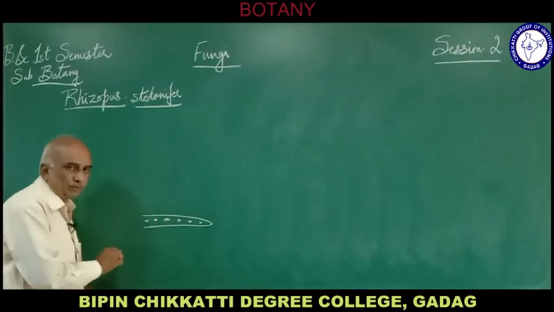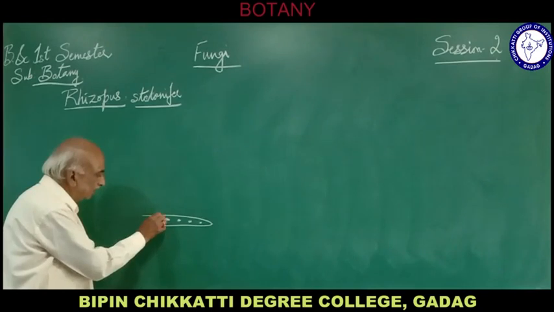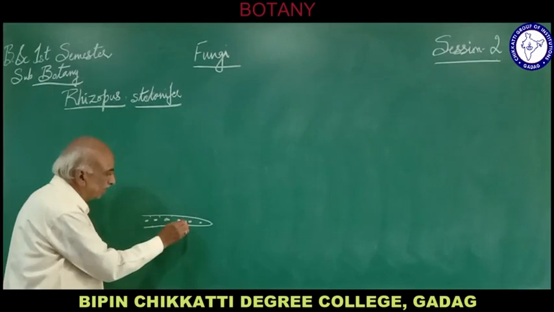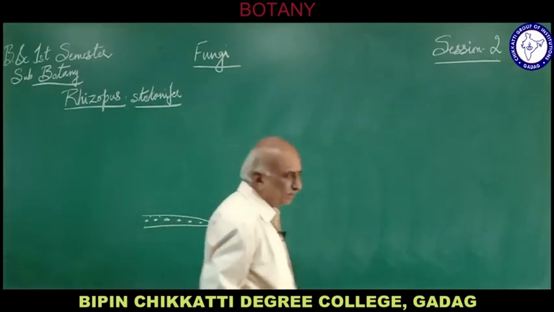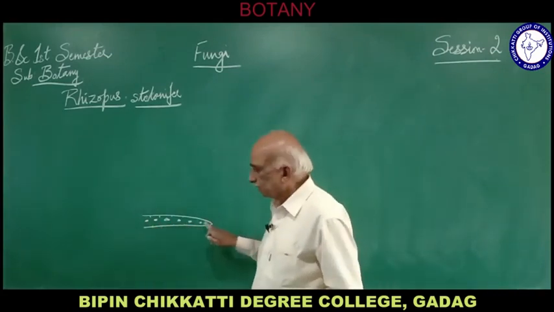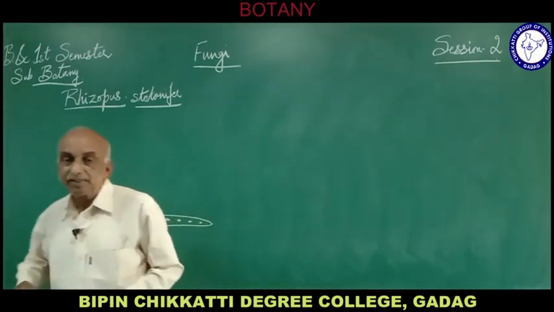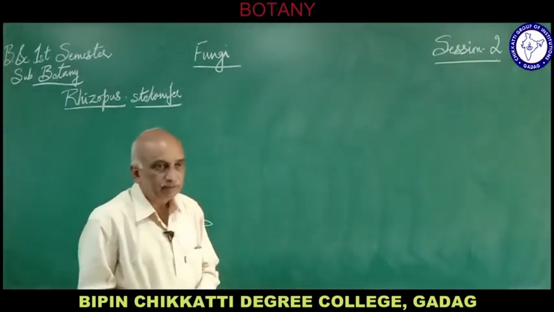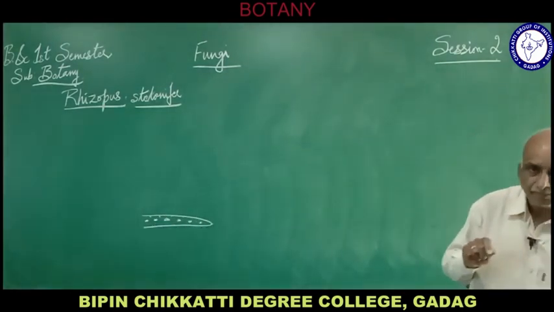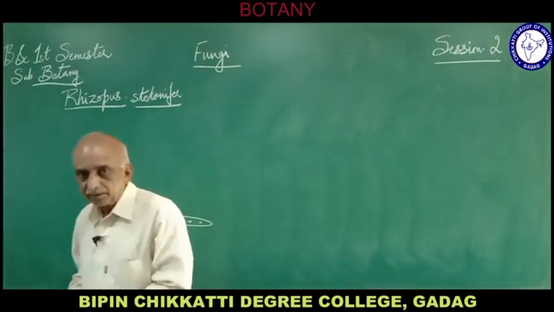So there are no cross walls. If cross walls are present, they are only slightly present, not complete, just a mark which we can see. So the protoplasm is almost continuous in the hypha, and the nuclei are freely present. So this is the coenocytic condition. This presence of many nuclei freely is called the coenocytic condition.